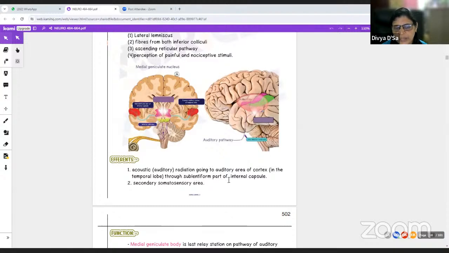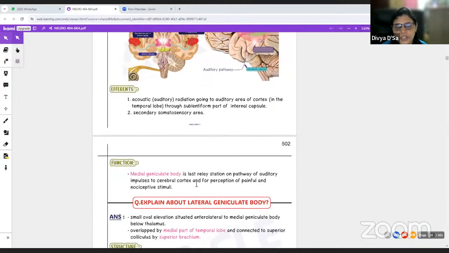It passes through the sublentiform part of the internal capsule. Then the secondary somatosensory area. So the medial geniculate body is the last relay station on the pathway of auditory impulses to the cerebral cortex and for perception of painful and nociceptive stimuli.